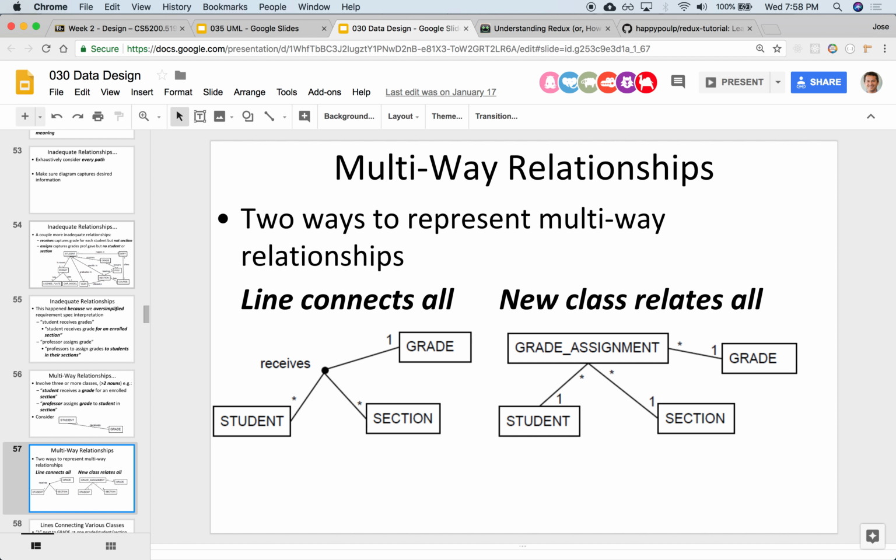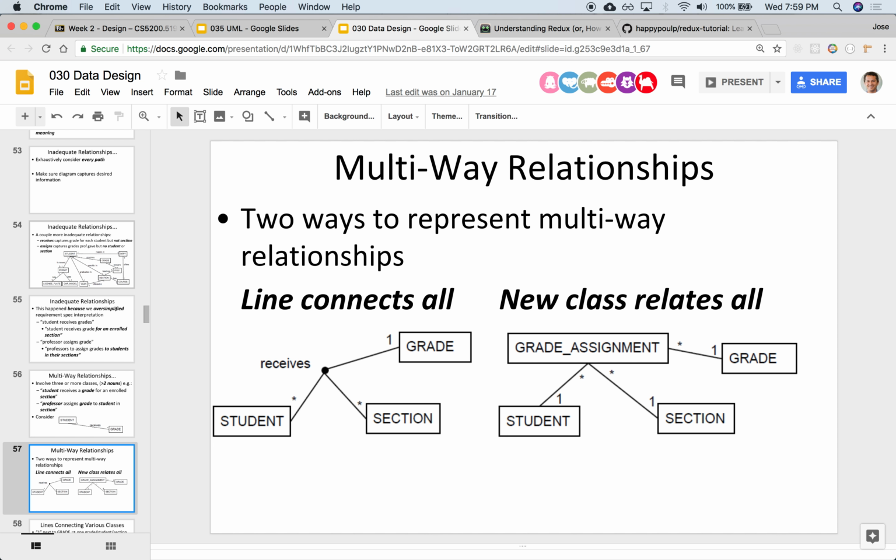Right? We convert the verb receives. We convert it into a noun representation. That can allow us to capture the actual relationship between the three entities, right? So here's a grade assignment, right? So this receives, what we call it, we are reifying, right? There's no physical way to represent this in a relational database, right?